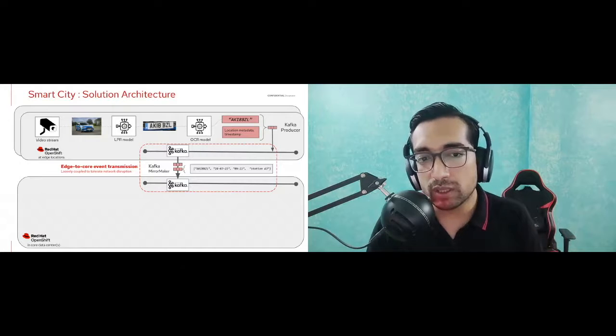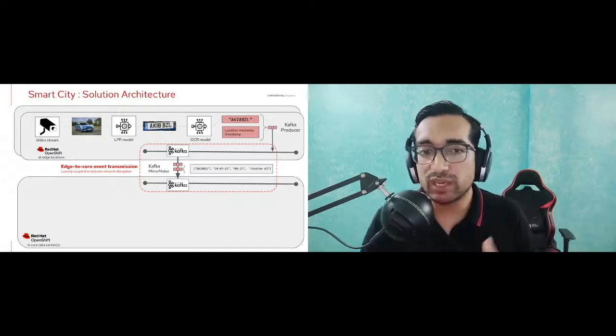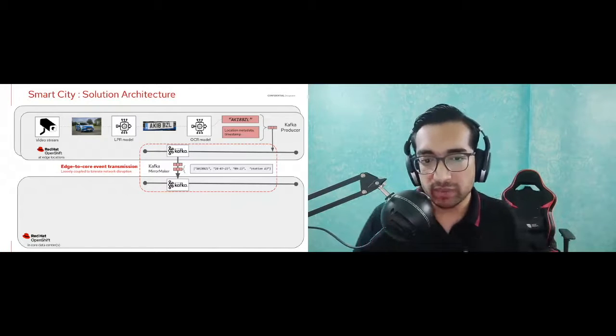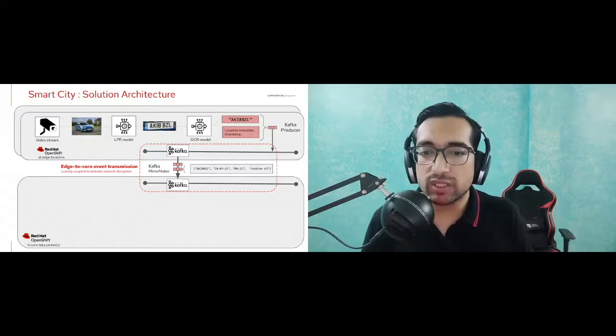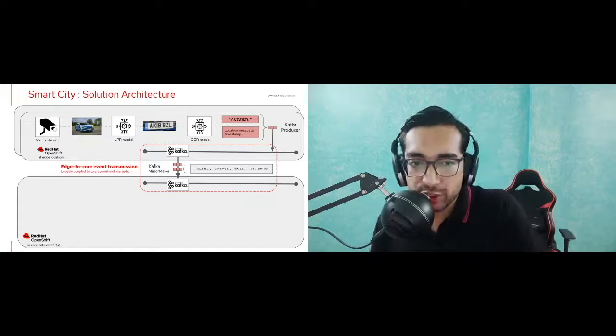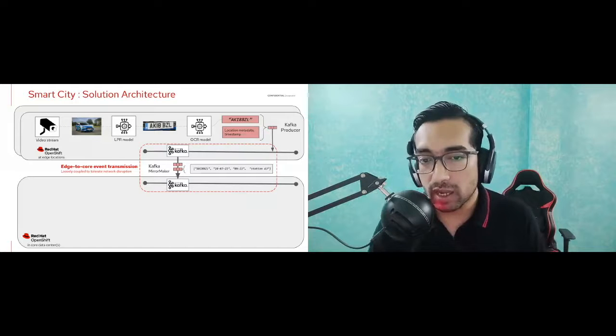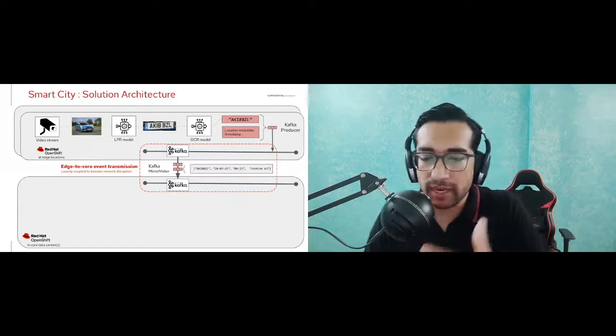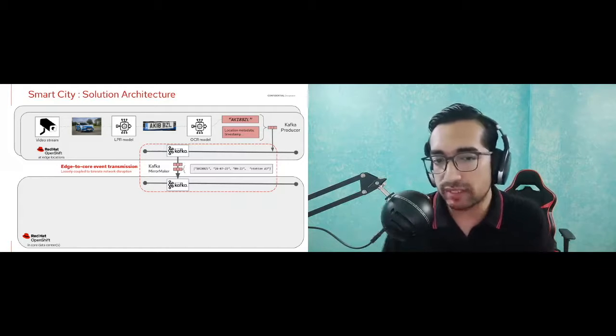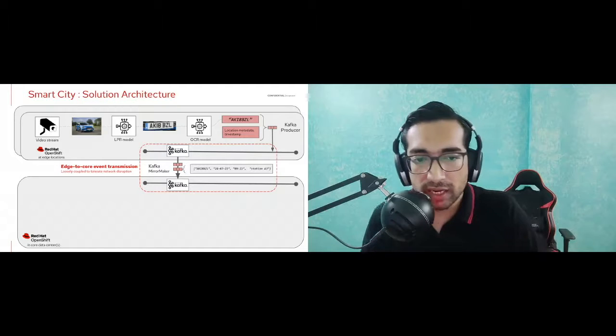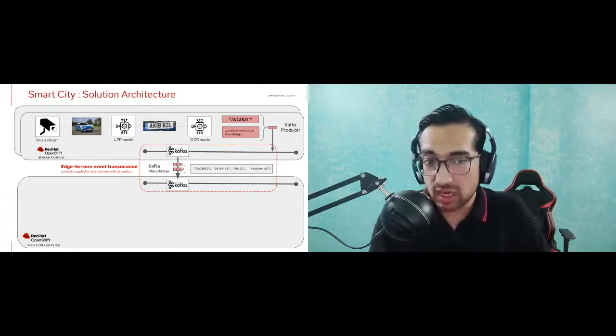All the events and all the metadata will be stored on the local Kafka edge clusters, and then it will asynchronously move the data from edge to core using a feature called Kafka Mirror Maker, which will move the data from one edge, or maybe thousands of edge locations, onto the central core data point, which is Kafka again.